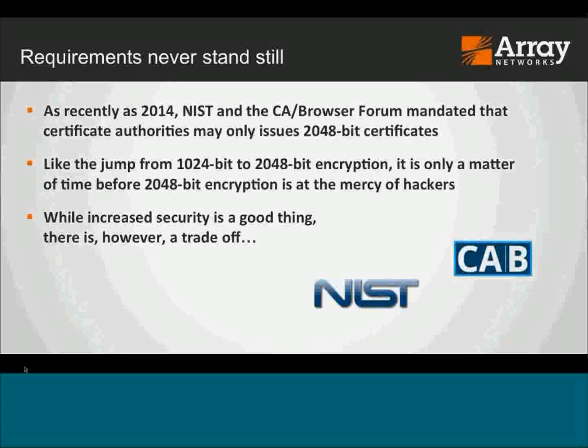So a perfect example of this in the context of SSL is that as recently as 2014, NIST, as well as the CA Browser Forum, mandated that the certificate authorities, or CAs, from 2014 forward, could only issue 2048-bit certificates, right? Essentially they're saying that the previous generation 1024-bit certificates are no longer good enough.